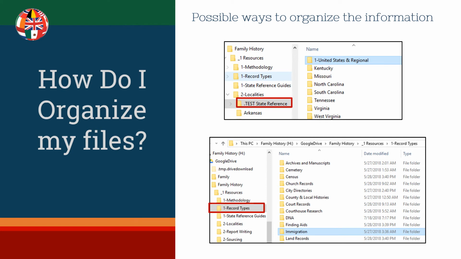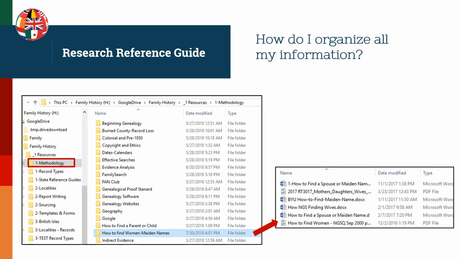For example, on record types, you could have a folder for census records and one for church records, and each of the other important record types that you need to research and understand. Then under the subfolders, you can include your own summary sheets and other articles or information you gather on the information you need to understand for your research.